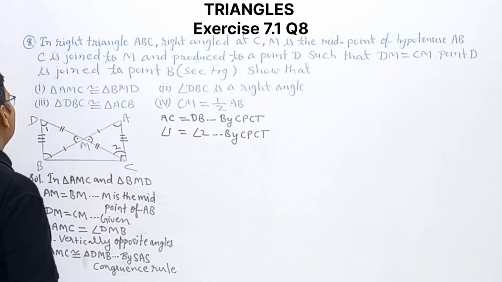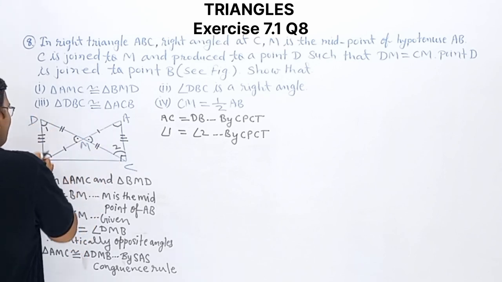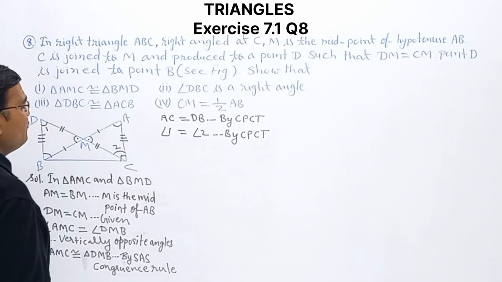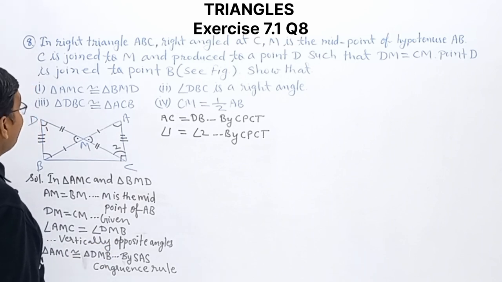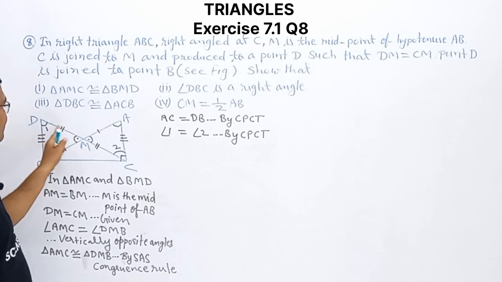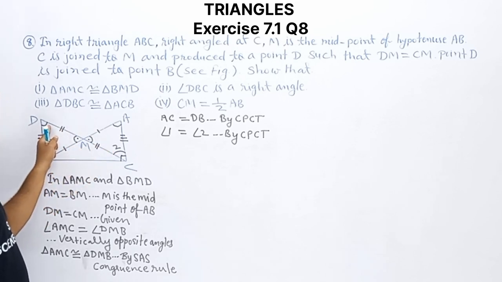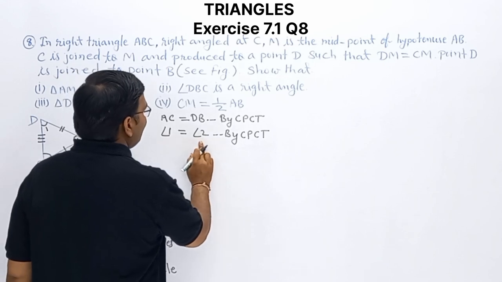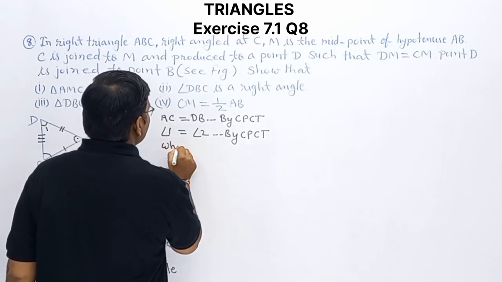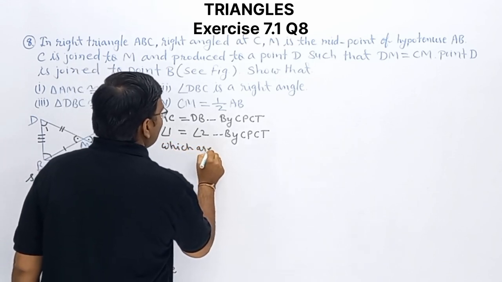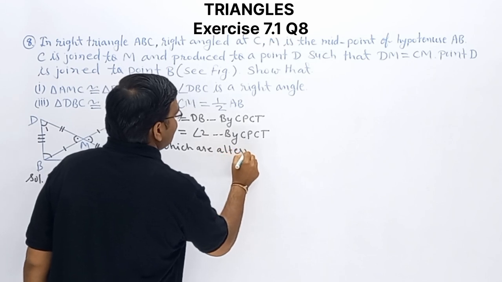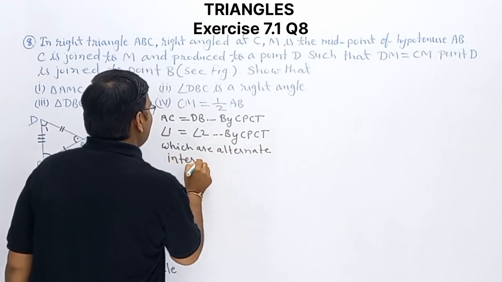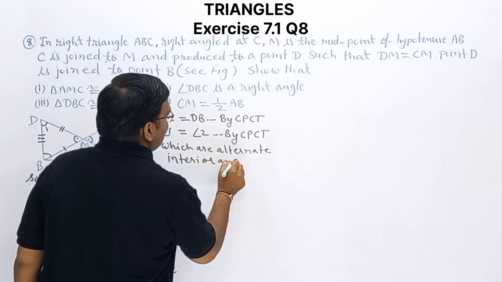It means what? It means these two lines will be what? Parallel. These two lines, which are alternate interior angles. This angle equal to this one is what? Alternate interior angle. So what we can say? Angle 1 equal to angle 2, which are alternate interior angles.